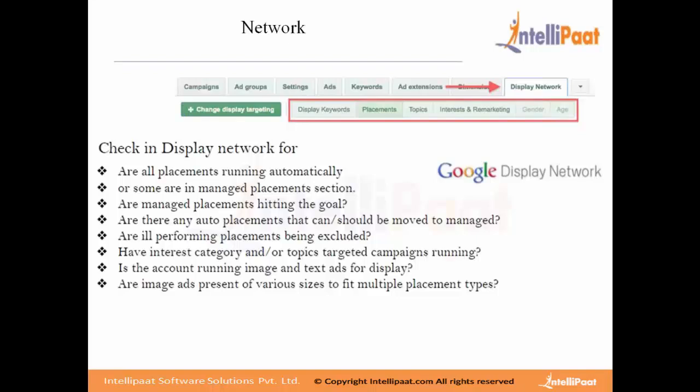So if there are certain websites where the advertiser's advertisement is being showcased, and it's a non-performing one, one needs to look at whether it is taken back. The ill-performing placements should be excluded.